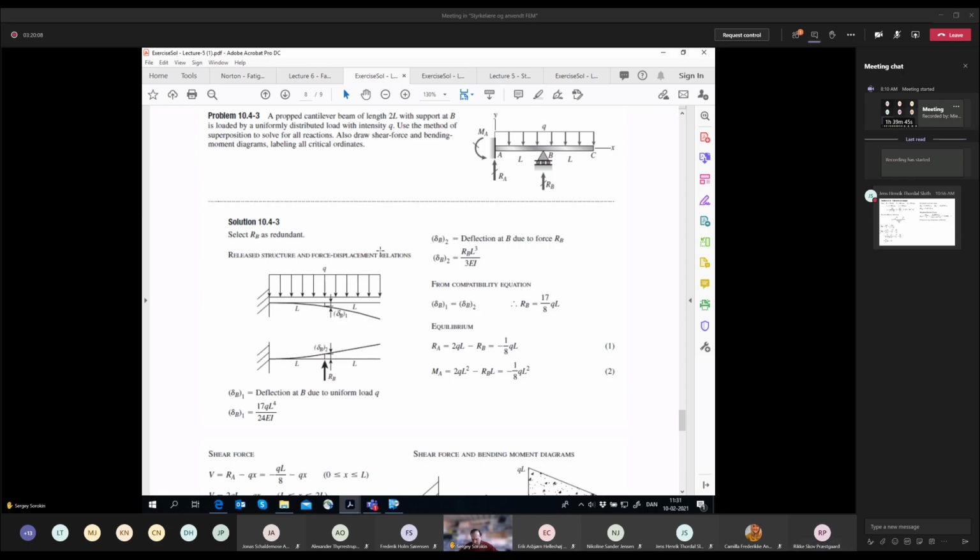It goes as minus qx squared divided by 24 EI and then something in brackets. You see it? Yes. v equals minus qx squared divided by 24 EI, bracket open 6L squared minus 4Lx plus x squared.